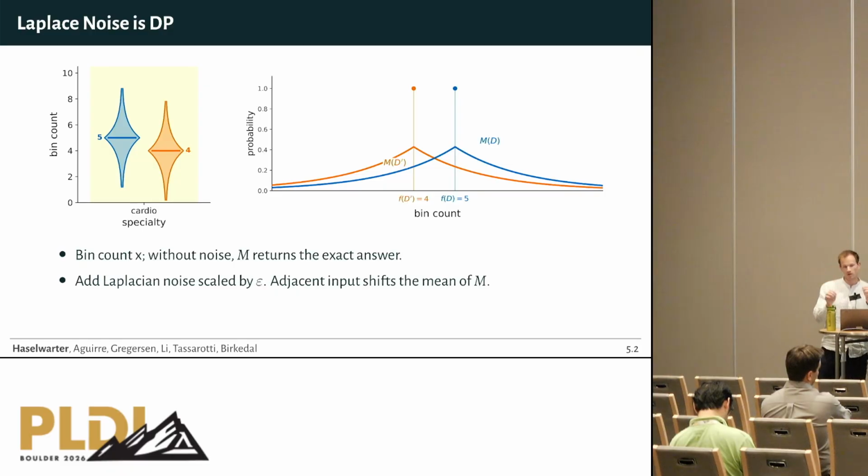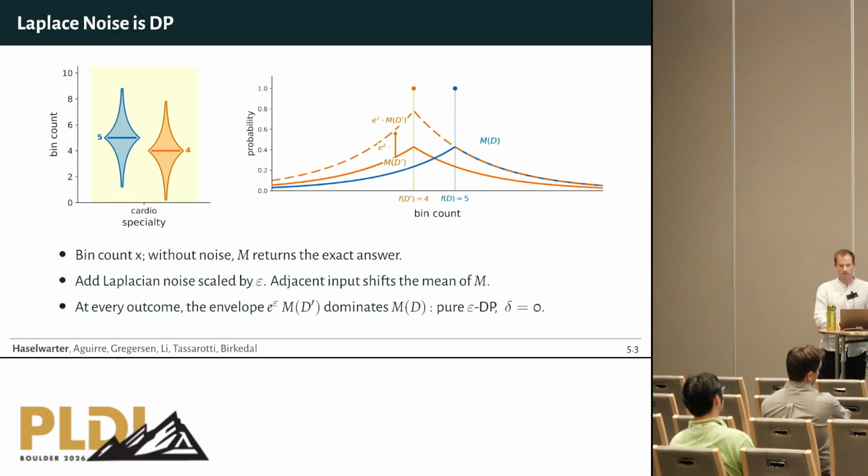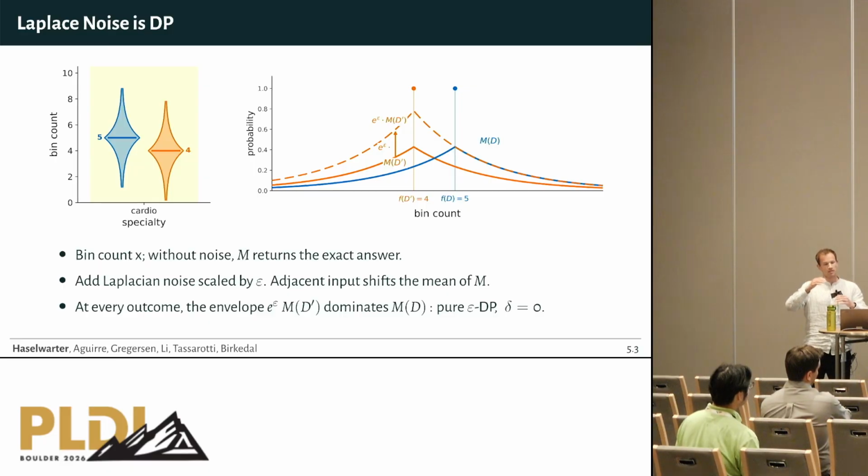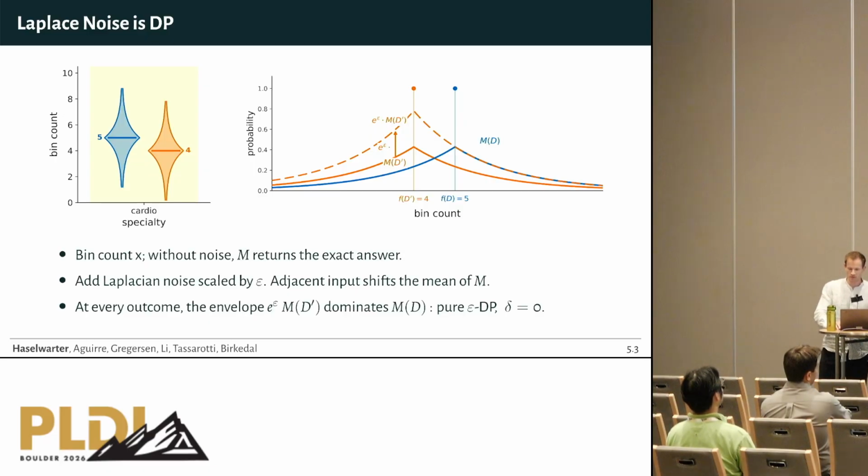So here they're one apart. And the idea of this differential privacy definition is that we get epsilon differential privacy if we can blow up the distribution on d prime by a multiplicative e to the epsilon and dominate the other curve. So that's sort of what's happening when we try to prove this differential privacy.